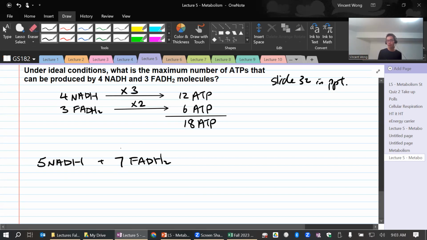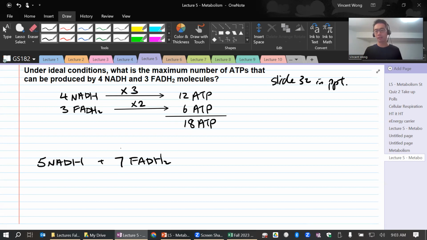Type your answer in the chat box, and then I will say press enter, and then everybody will press enter at the same time. Oh, you guys already pressed enter. All right, let's see. Who else? Don't look at other people's answers. Try to figure it out yourself. No worries, it's all right. Don't worry about it. Okay, what is it?